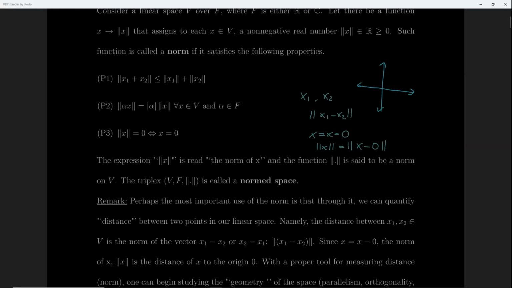And we would like to find all the points in R square whose distance to the origin is equal to 1. For example, if I take the 2 norm, which I will give the definition of soon, then we will see that all these points actually lie on a circle.